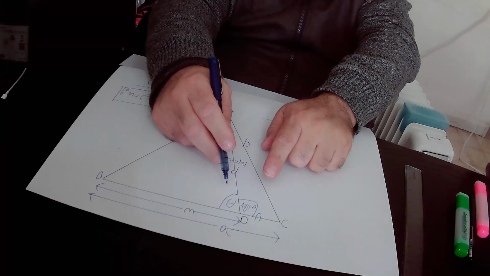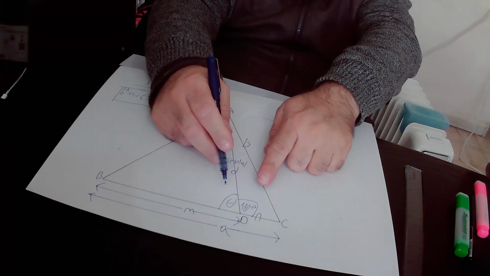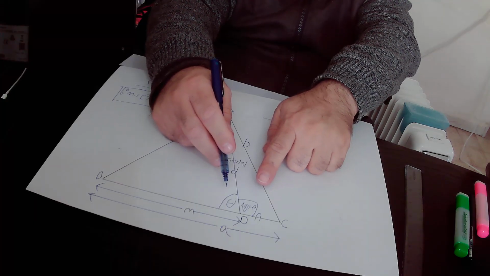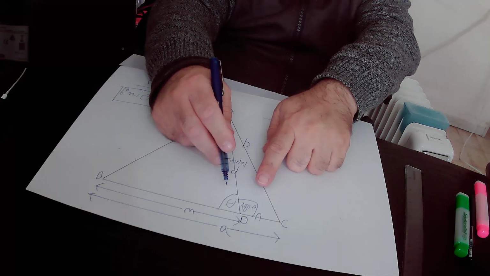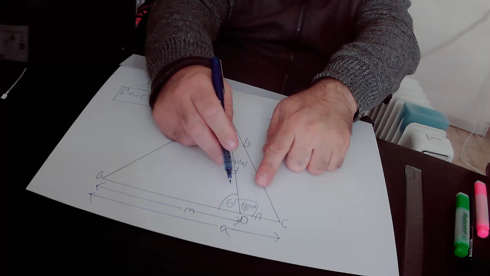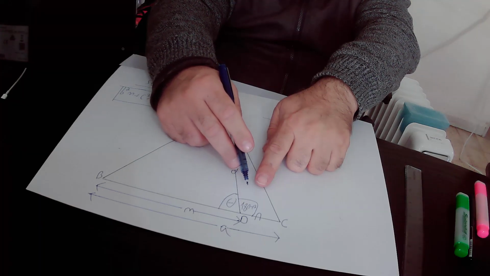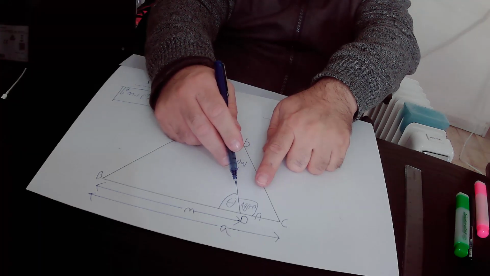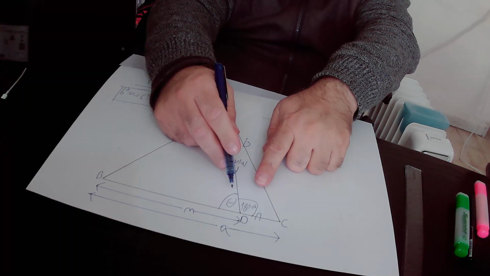We have this angle that is theta plus the missing angle ADC. Total they must be equal to 180 degrees. So the missing angle ADC must be equal to 180 degrees minus theta. Why? Because in total 180 degrees minus theta plus theta equals to 180 degrees, exactly according to rule number 1.